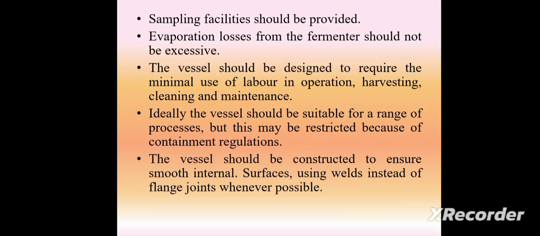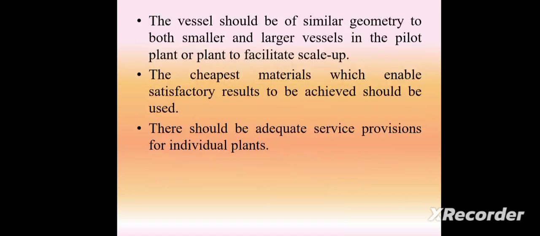The vessel should be constructed to ensure smooth internal surfaces, using welds instead of flange joints whenever possible, because they may create problems during the cleaning process. The vessel should have similar geometry to both smaller and larger vessels in the pilot plant or the plant to facilitate the scale-up process.